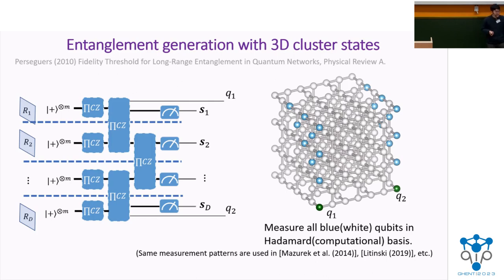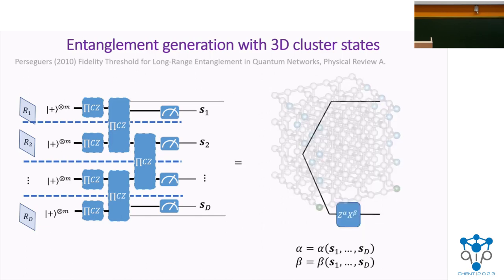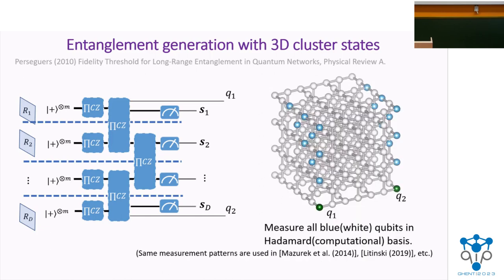Later, Pesseguers in 2010 did some similar work. What he did was look at what happens if we measure out all the qubits except Q1 and Q2.